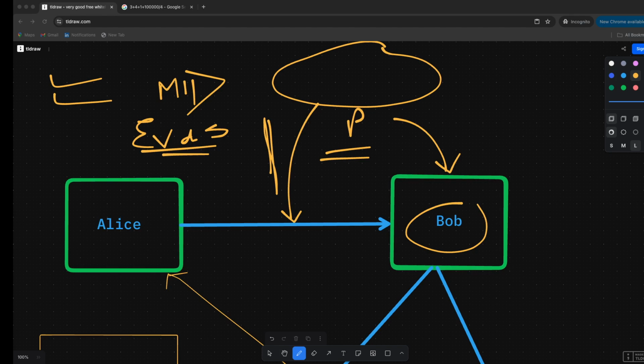Okay. Now then there is something called digital signing, right? A similar mechanism is used in digital signing. So let's see how a similar sort of mechanism is used in digital signatures.